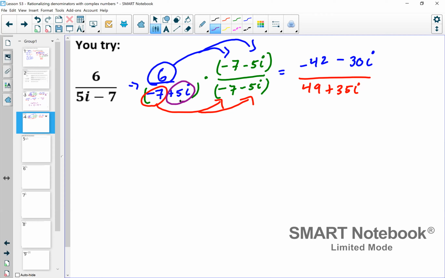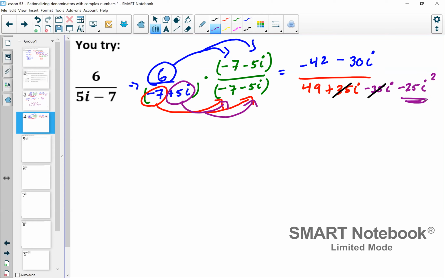Distribute the 5i. Now we have a positive times a negative, so it's -35i. And positive 5 times -5, -25i squared. Nothing to do with that numerator. That's why we left it, but these are going to cancel out. Same numbers, but different signs.